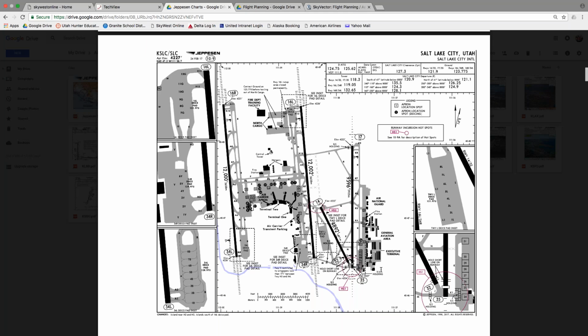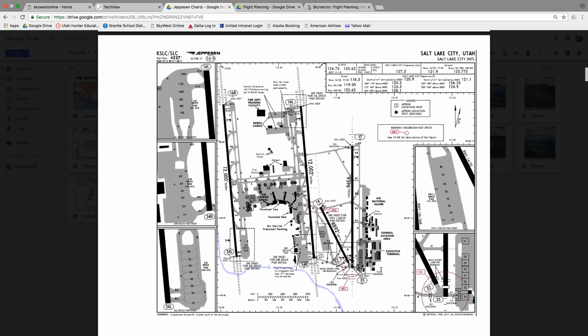You're supposed to be on the TAF. Yeah, it's 170 at 10. Okay, the TAF is 170 at 10, so 16 is just about right. So 16 left.